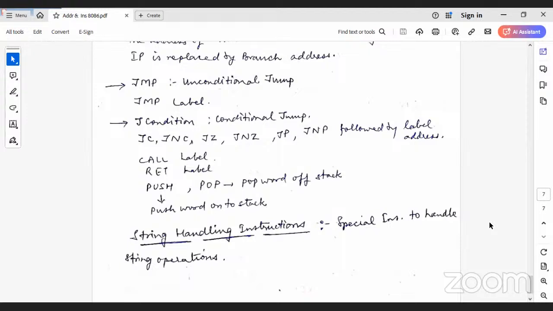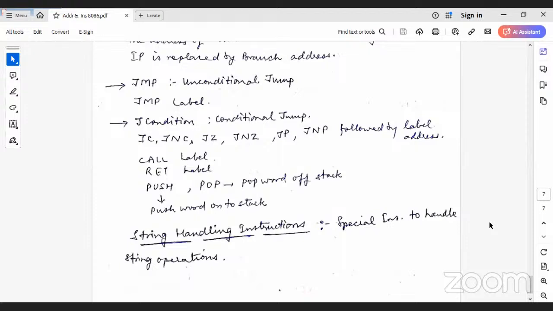If you have to move that whole 5 data to a different memory location, 3000H to 3004H, that will form a string of data which is moved from 2000H to 2004H to 3000H to 3004H. So you see, you are moving that complete block, that is 5 bytes, from one memory location to another memory location. That is where you are using the string handling instructions.